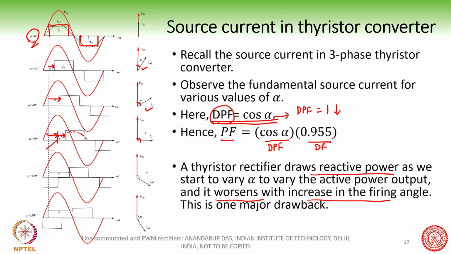So if we go with a high firing angle, the situation will become worse, because the alpha value will go on increasing from 0 degree, to 30, 60, like that. So this is one major drawback of the thyristor converters.